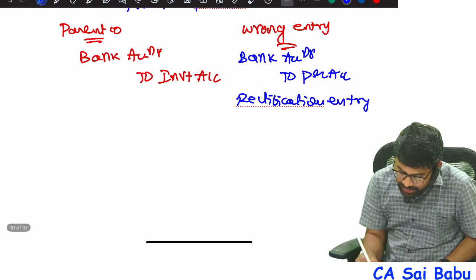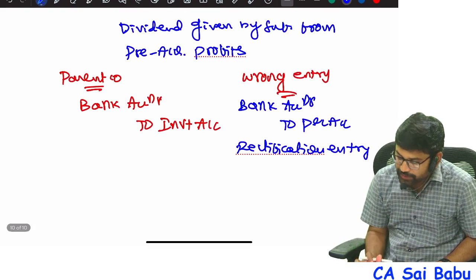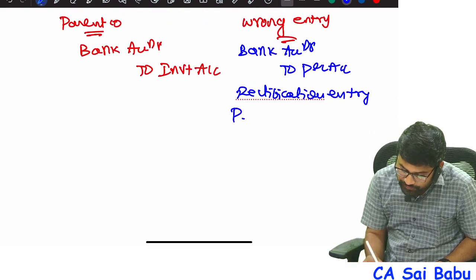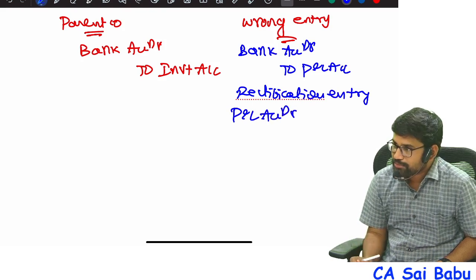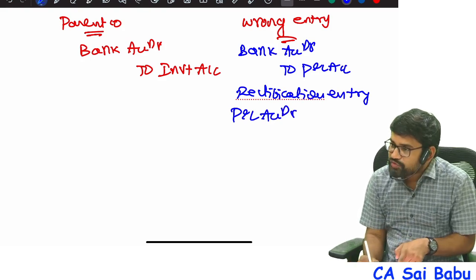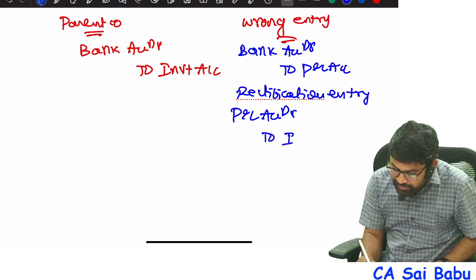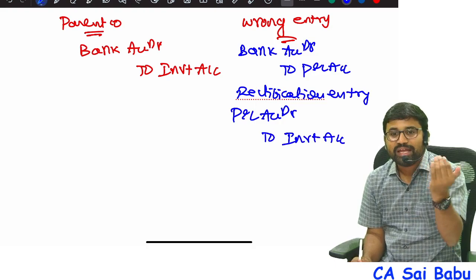You need to credit investment, but you credited P&L account. Therefore, first you need to deduct from the P&L account because it is already included in P&L account, this dividend. So you need to reduce from P&L account and you need to reduce from investment. So, investment account will be credited, P&L account will be debited.